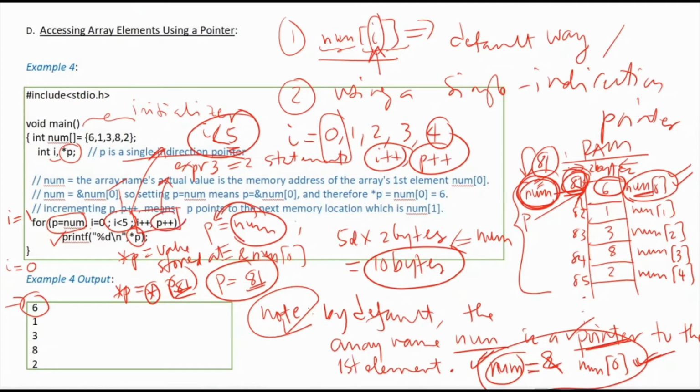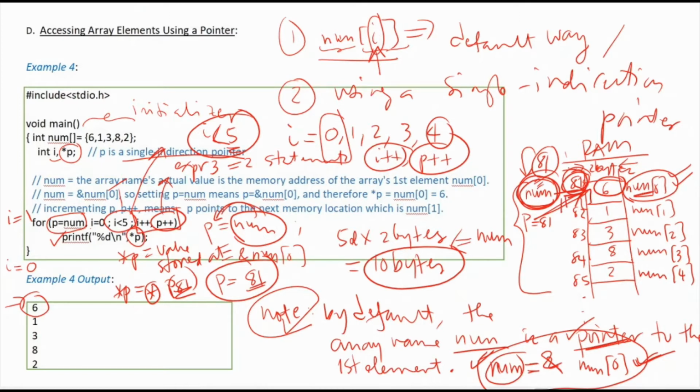And P, what happens to P? P is pointing to this location, and so the value of P is 81. If you increment P, the value of P would become 82, right? If it is equal to 82, then it is now pointing to the next memory location. So it's like we redirect the pointer P from initially pointing to num0.